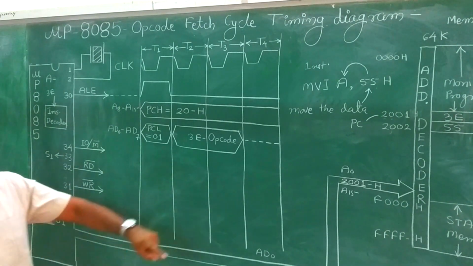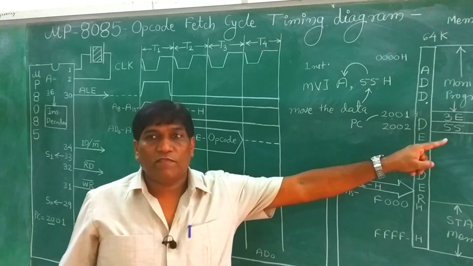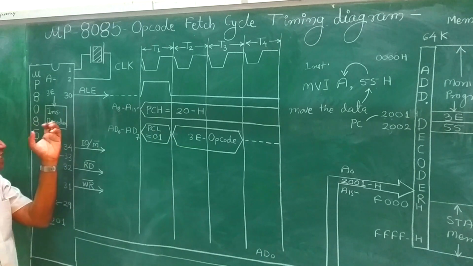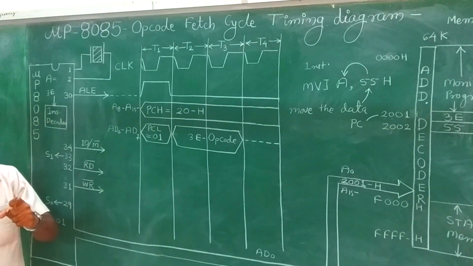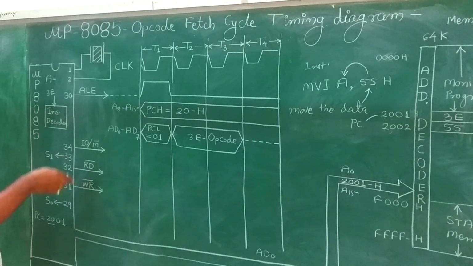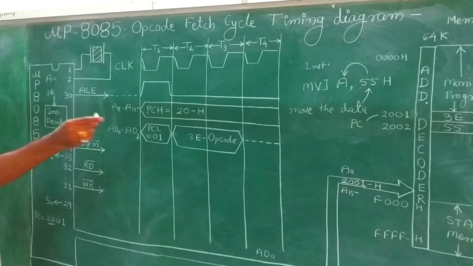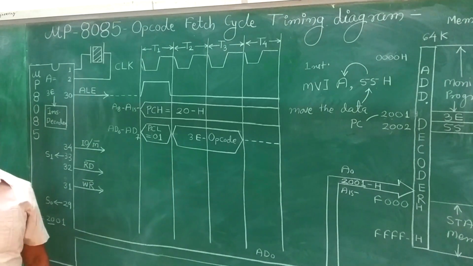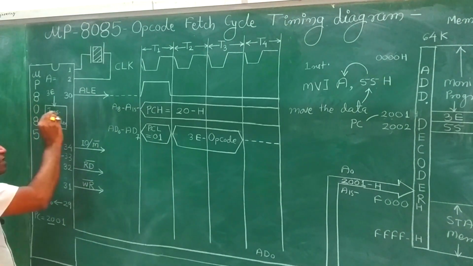When 3E reaches the instruction decoder, it will decide that now we have to do the next operation. What is the next operation? The next operation is a memory read operation, and then the content 55 will be transferred to the accumulator. That means this 3E will not be transferred to the accumulator. 3E will be transferred to the instruction decoder.